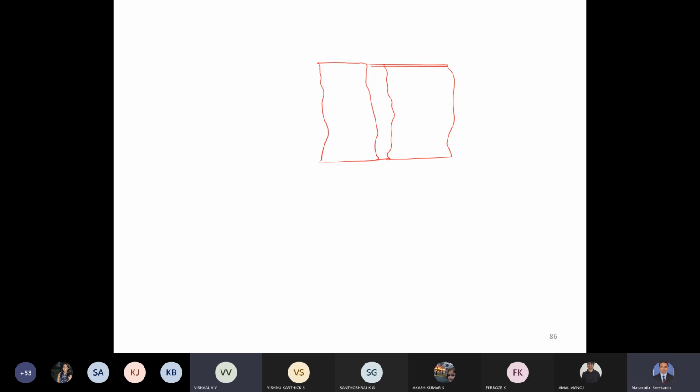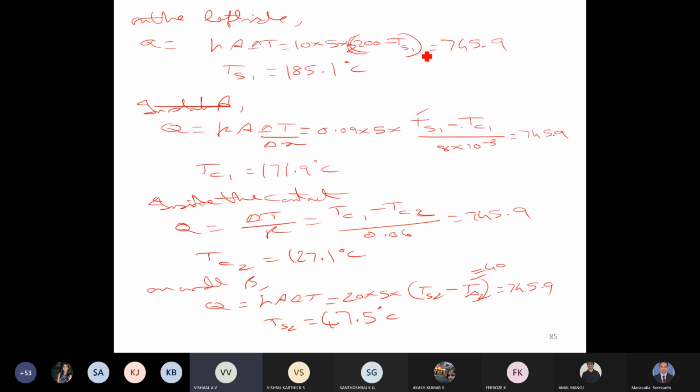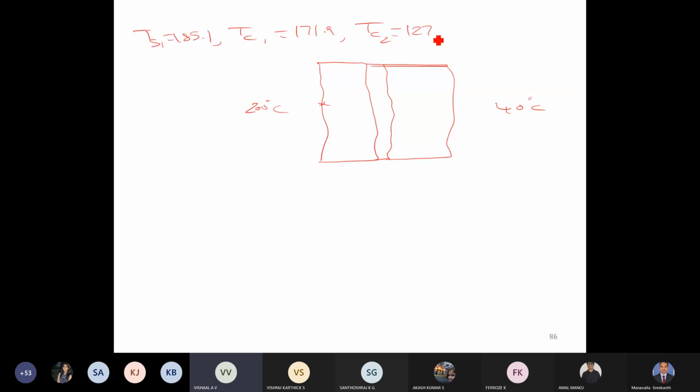This side is 200 degrees Celsius, and this side is 40 degrees Celsius. Let me write down the values: TS1 is 185.1, TC1 is 171.9, TC2 is 127.1, TS2 is 47.5.